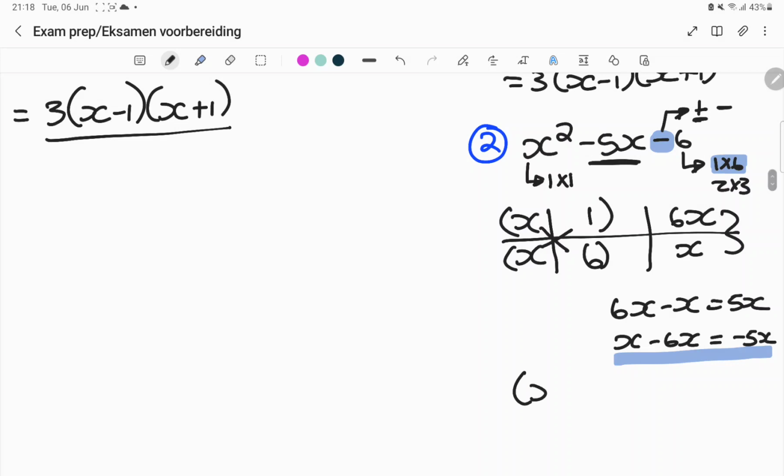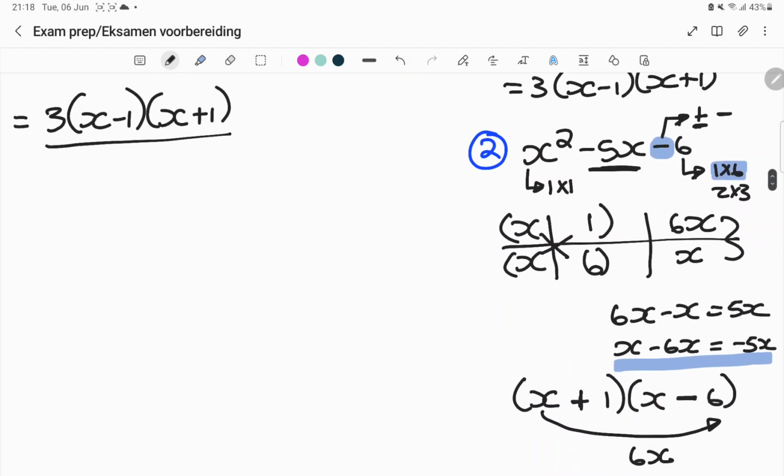So this will become x and 1, x and 6. Now you just have to decide which bracket is going to be your positive, which one's going to be your negative. So I always take my first term and my last term, multiply them together, which gives me 6x. And I know that my 6x was negative, meaning that this has to be negative and this has to be positive.